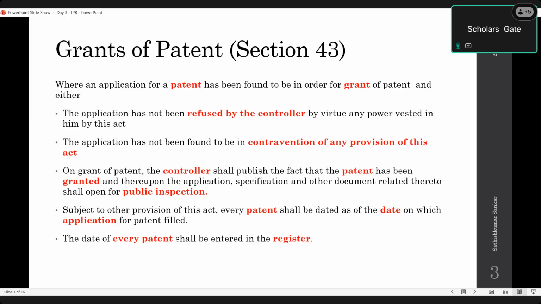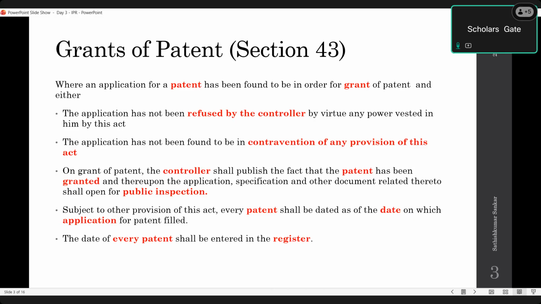Once the patent is granted, the controller makes the patent documents and application open, including the specifications mentioned by the applicant. It is open to the public, so anyone can read it, and anyone can file a post-grant opposition. As I mentioned yesterday, within 12 months anyone can file a post-grant opposition.